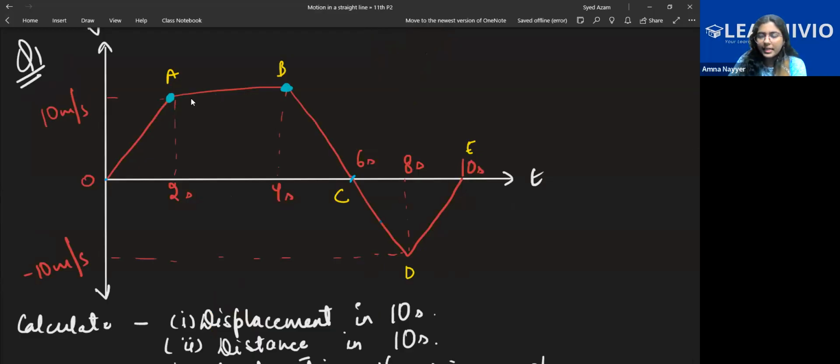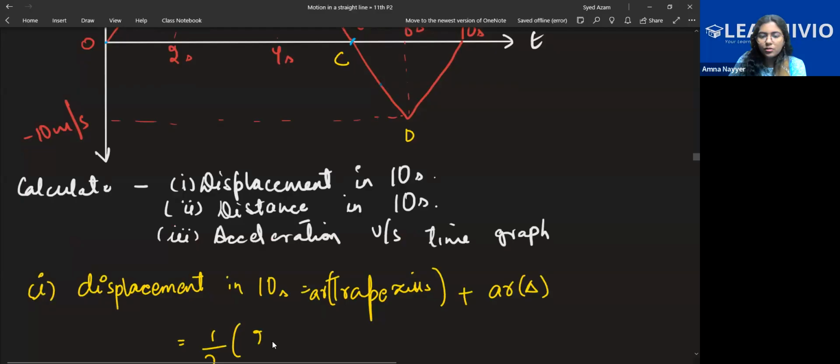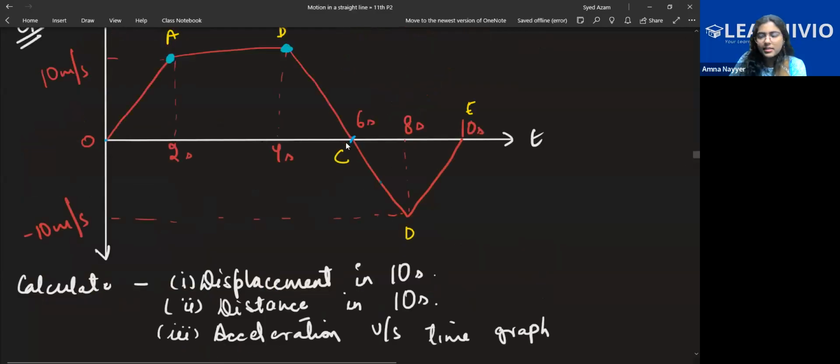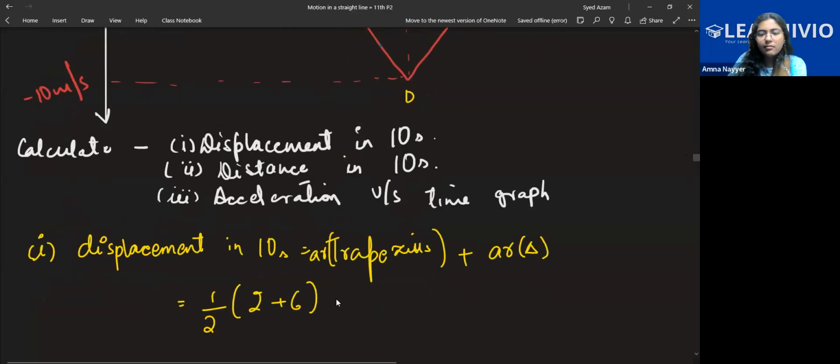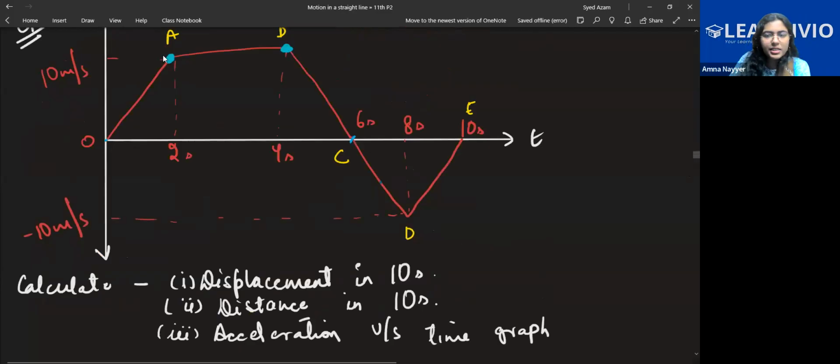It's 2 seconds. So one parallel side is 2, plus, what's the other parallel side? Till here it is 6 seconds. So this will be 2 plus 6, half into sum of parallel sides into height. The height is this, which is given as 10 meters per second.